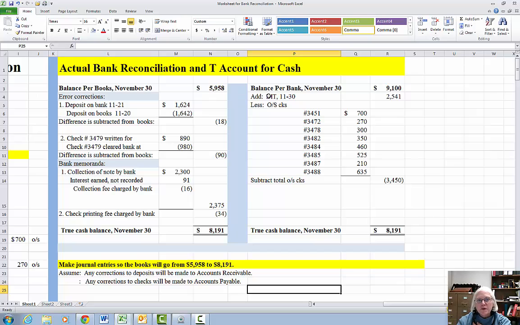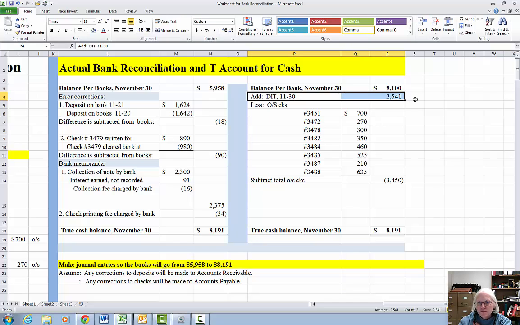So we took care of deposits in transit first. So we had one deposit in transit on November 30th, and it was for $25.41. So we are going to add that to the balance per bank. So I'll go ahead and put pink. Actually, I'm just going to leave it alone.